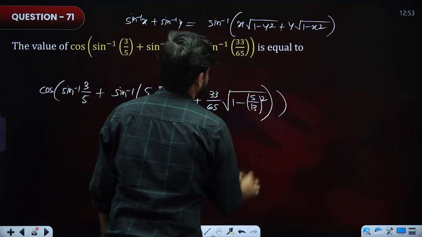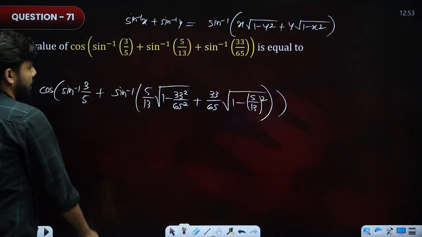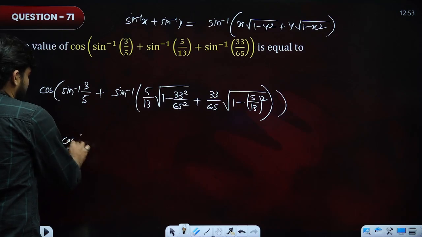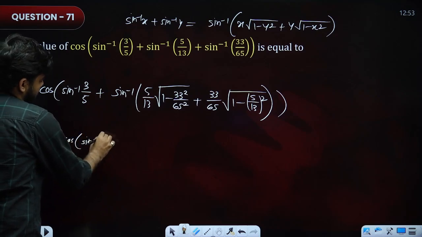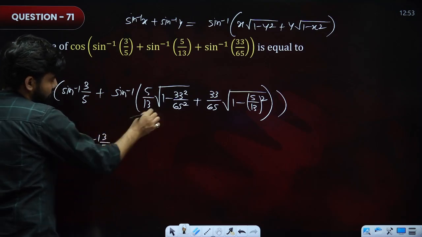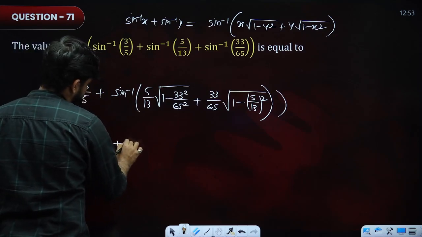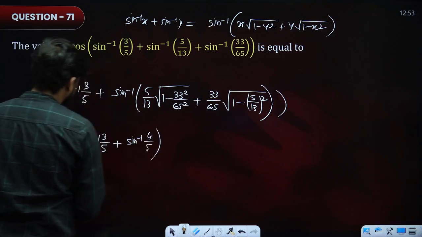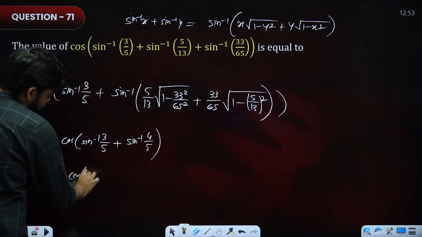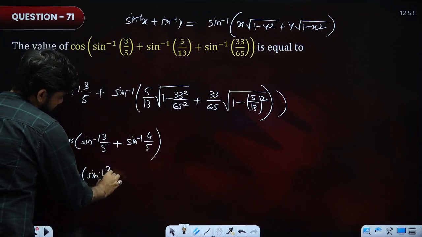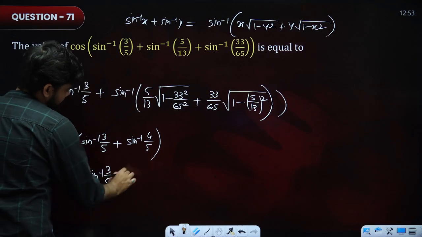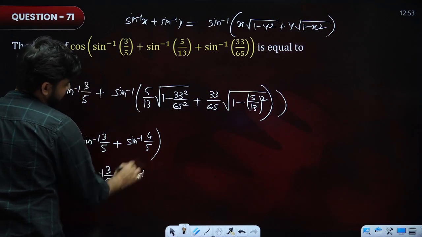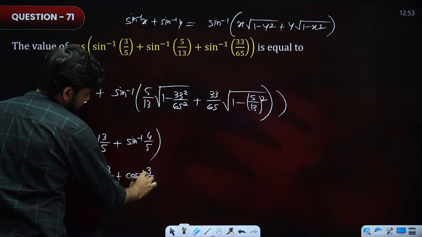Okay, so after solving it, just try to solve it, you will get sin inverse 4 by 5 over here. Okay, for that case in place of sin inverse 4 by 5 we can write cos inverse 3 by 5.